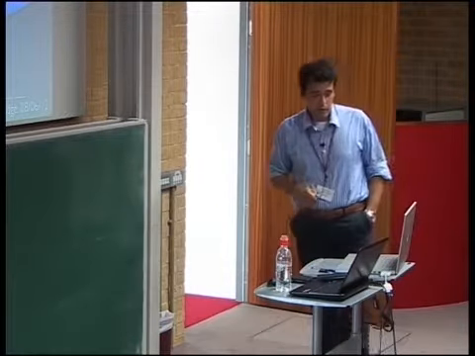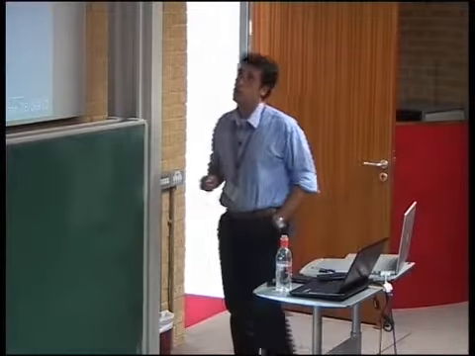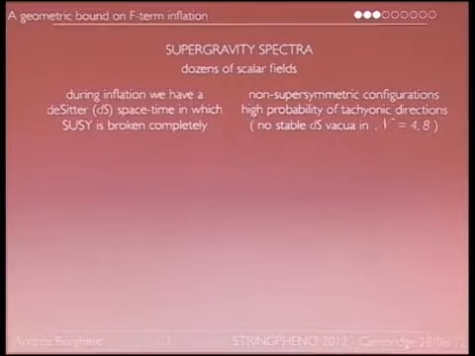That's what we did in the paper, but there are some problems because we are dealing with supergravity spectra. In a supergravity spectrum, usually you have a lot of scalar fields. For instance, in N=8, you have 70 scalar fields in 4 dimensions, as Adolfo told. Furthermore, during inflation, we know that supersymmetry is completely broken because we are in an approximately de Sitter spacetime.